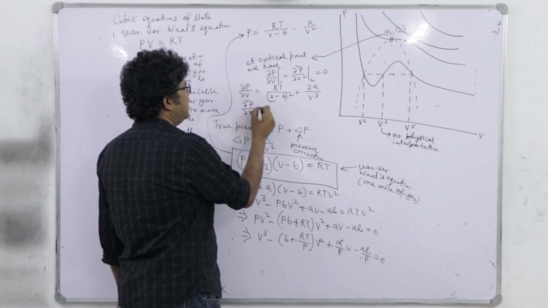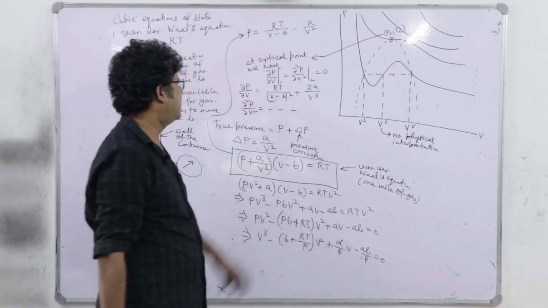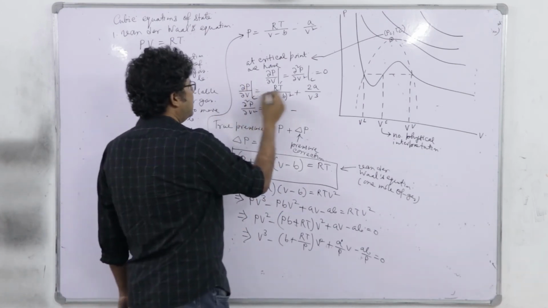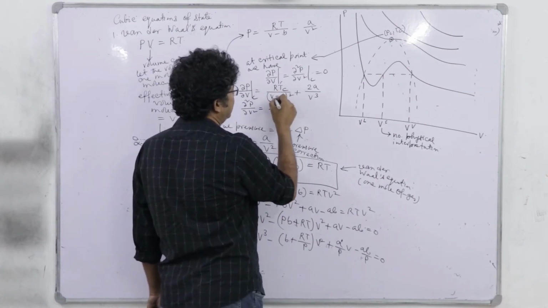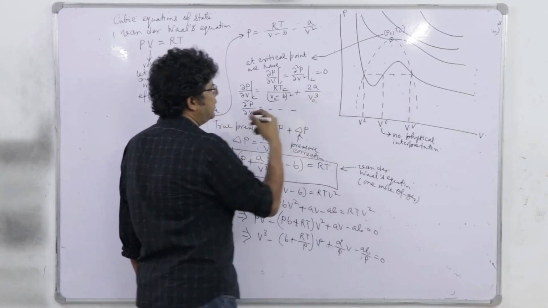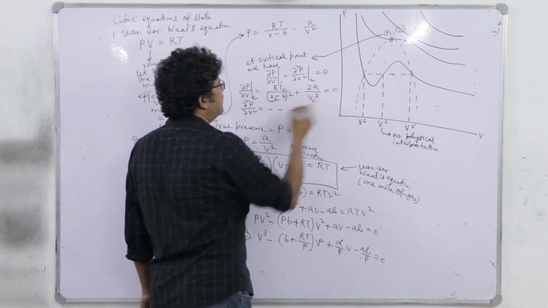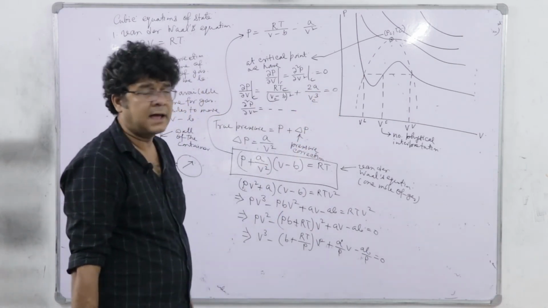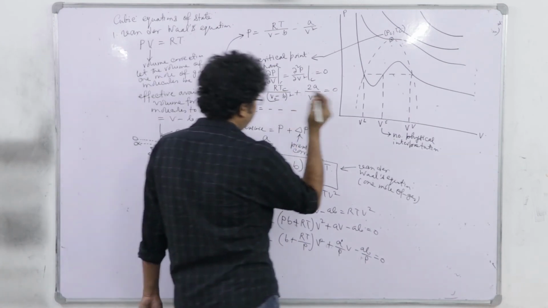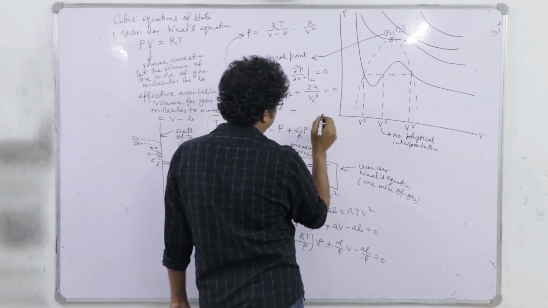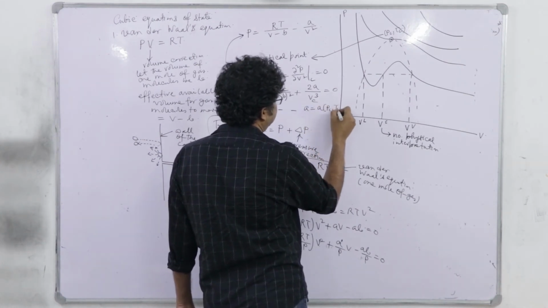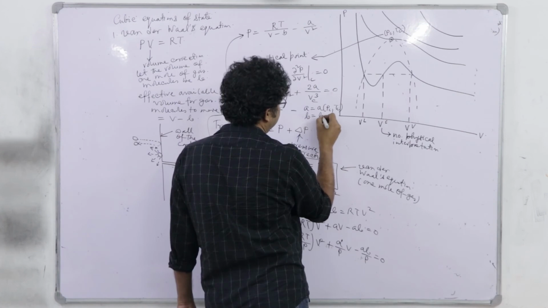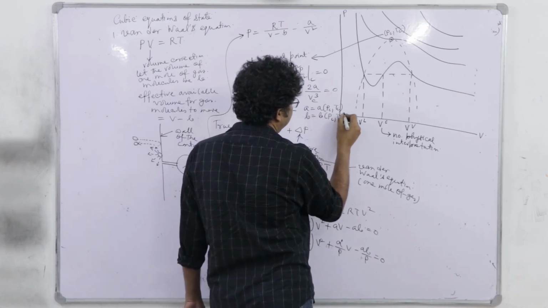And del square P del V square again we can calculate, and from there, upon eliminating the volume, we can actually solve for A and B in terms of critical pressure and critical temperature. Like A will be expressed as a function of PC and TC, and B also we can express as a function of PC and TC, right.